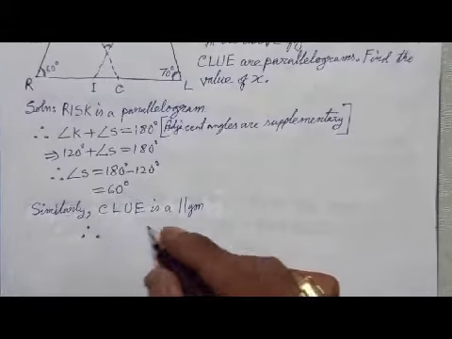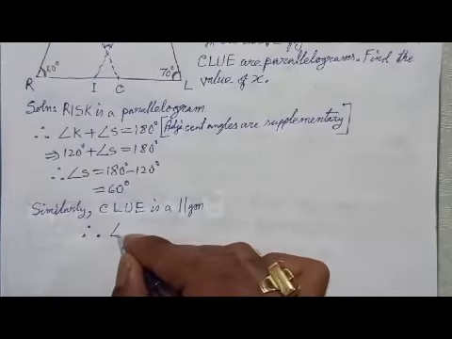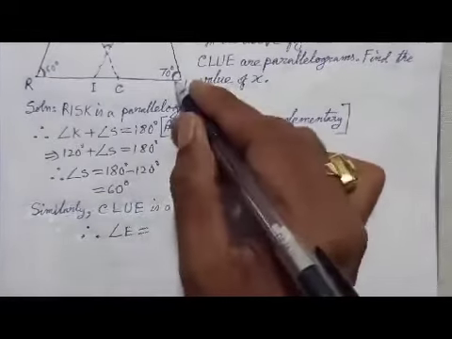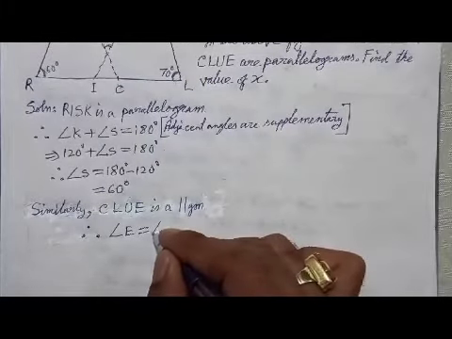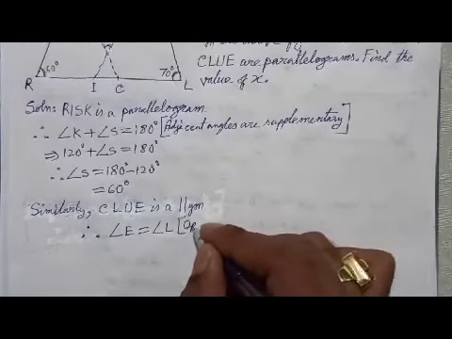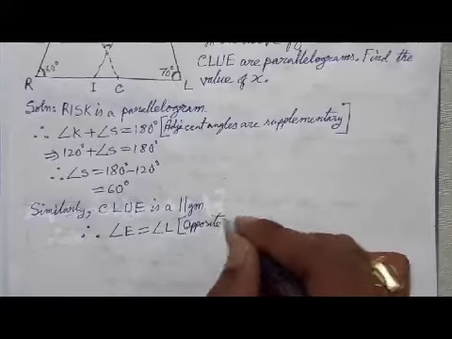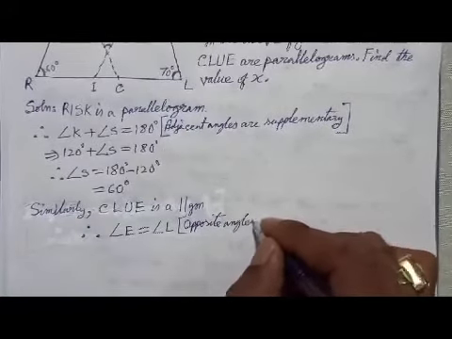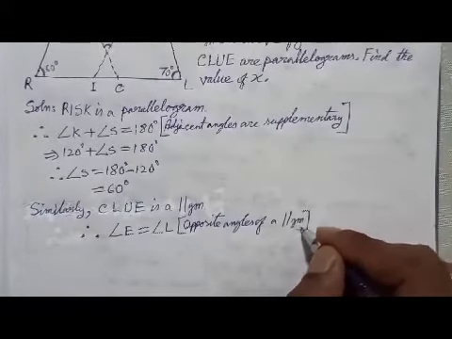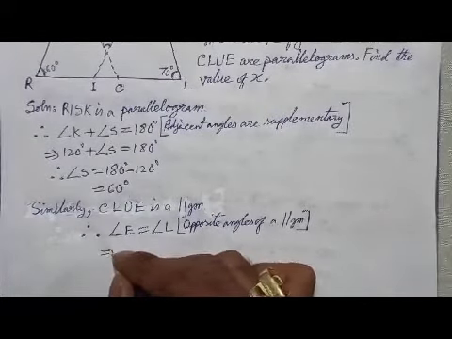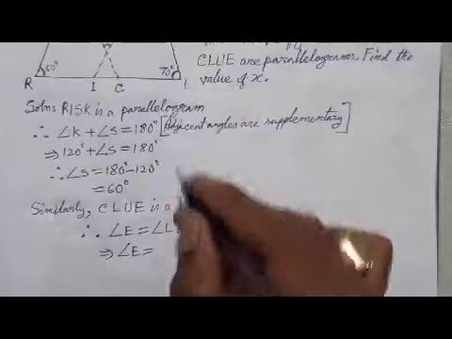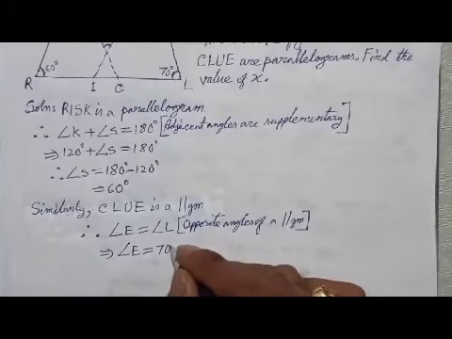Therefore, angle E is equal to angle L, because they are opposite angles of a parallelogram. Opposite angles of a parallelogram. This implies that angle E is equal to angle L is 70 degrees. So 70 degrees.